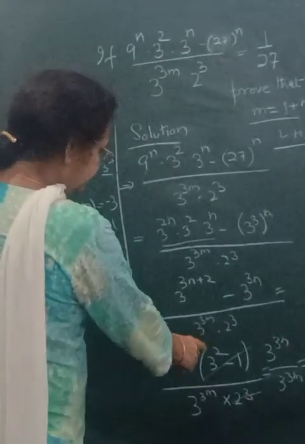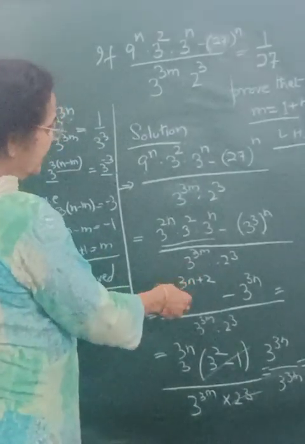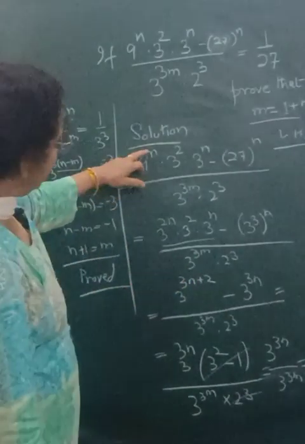Is it clear here? This is 3 to the power 3n plus 2. Let's start again with 3 to the power 2n.